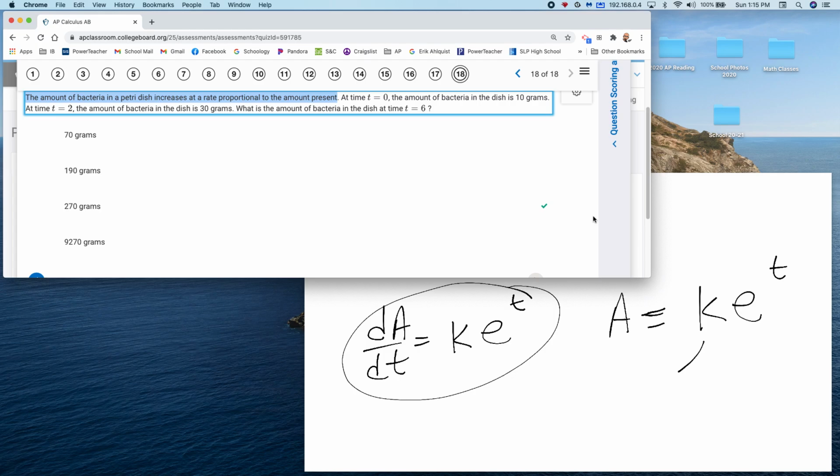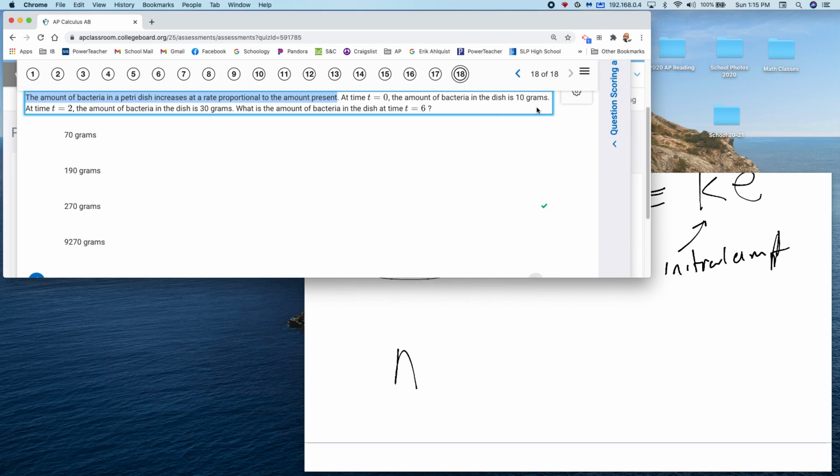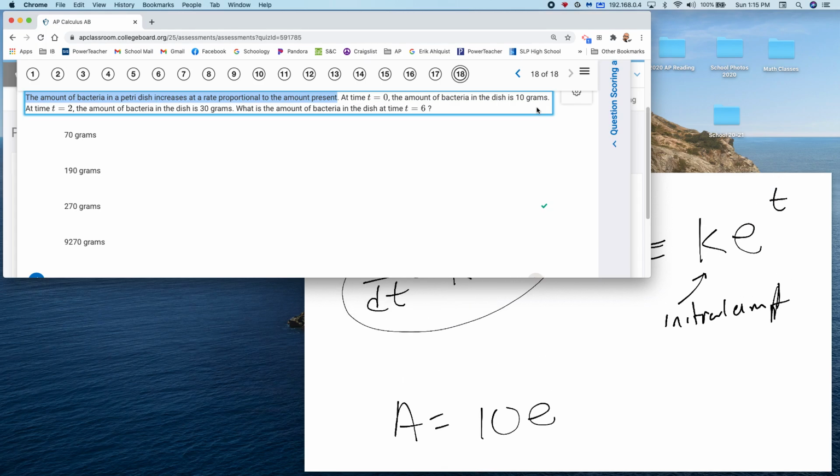This is the initial amount, so that in this case is 10. So we have A is equal to 10e, and I'm going to use a different constant here. I'm going to use a K up here and a C here, because there's technically two constants on this one.